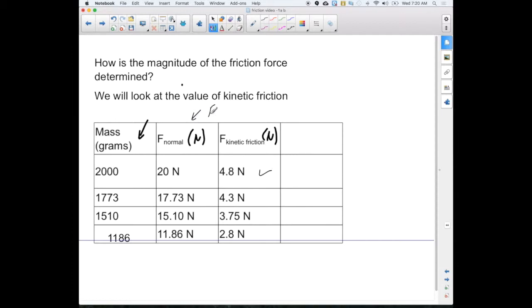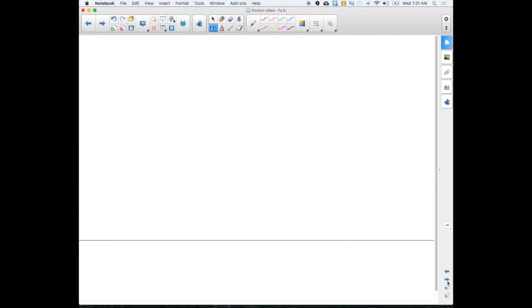Remember that the normal force in this case is equal to mg, and g really should be 9.8 meters per second squared, but I used 10 meters per second squared because I'm just trying to do a comparison. So that data is put into Logger Pro. Whoops.